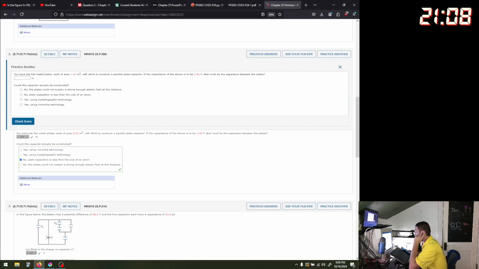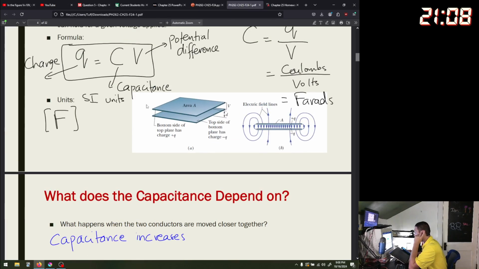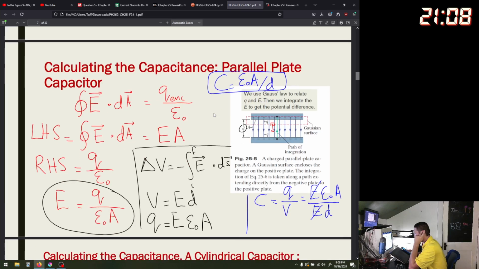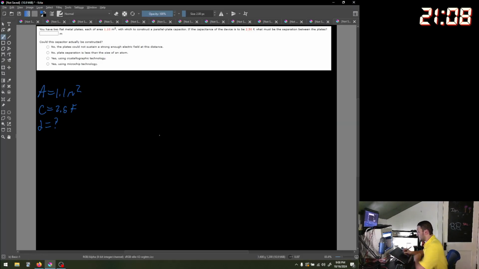So going to our notes here on parallel plate, we're going to have C equals epsilon 0 A over D. Now we've got these, we're trying to find this, so D is going to equal epsilon 0 A over C. Are they just going to trade places?